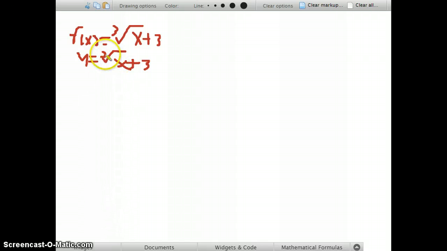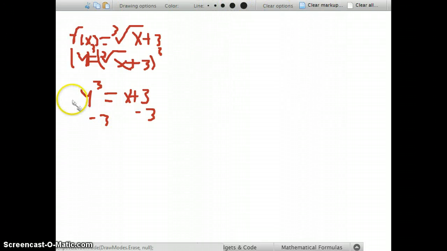Now, I'm going to cube on both sides just to get rid of that root. So it'd be y to the third equals x plus 3. It's important that you do not make mistakes when transitioning from here to here. And then minus 3 on both sides.